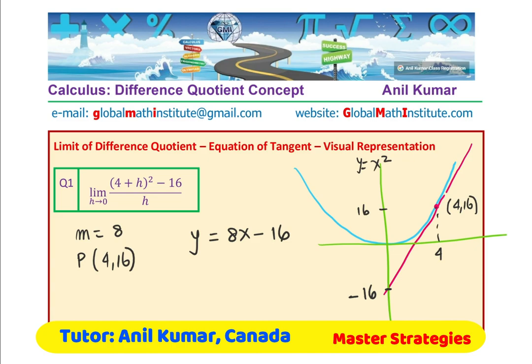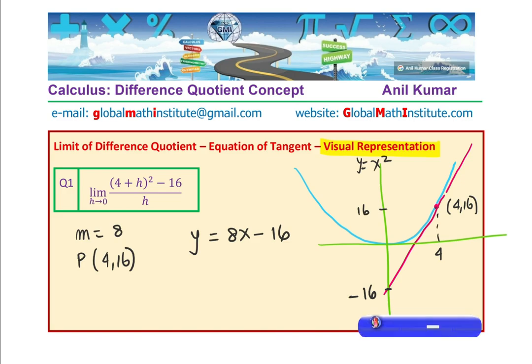Perfect. So that is the graphical representation of the difference quotient limit which you have shown here. So the limit of the difference quotient gives you the gradient. Since you know the points, you can find the equation of the tangent line, and that is how you visually represent the information. Perfect. So that is how we do it.